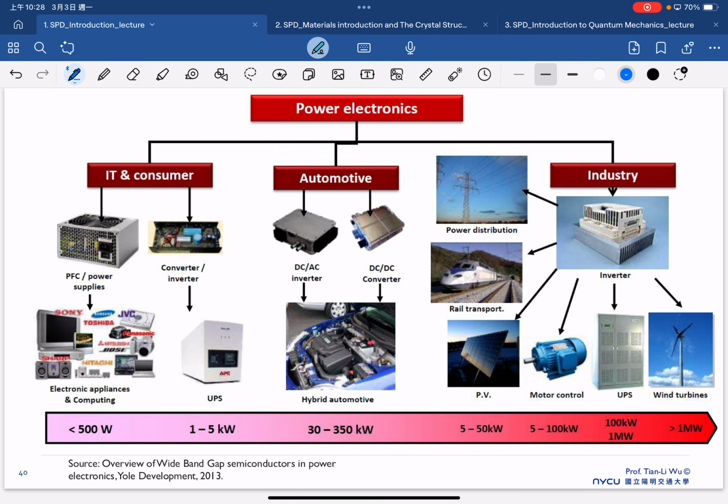But power electronics also involves all kinds of technologies that need to convert energy, such as automotive. That's why we have the electrical vehicle, because that also needs a lot of power electronics to help us.